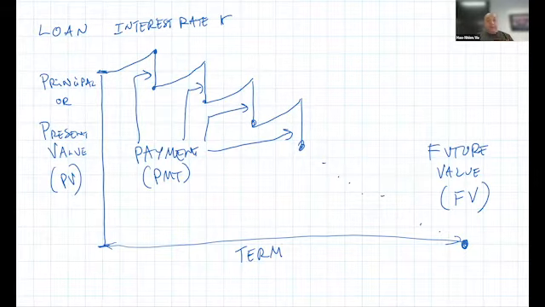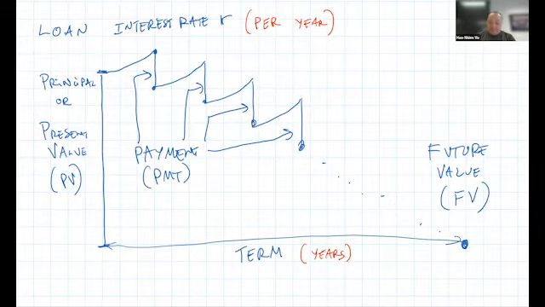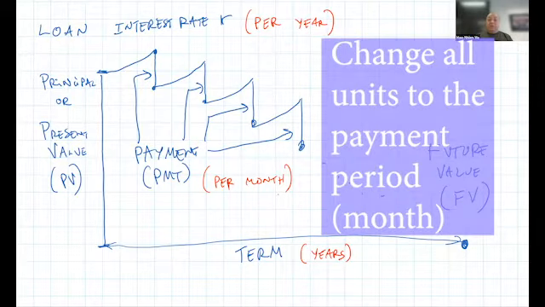Now, for a typical loan, the interest rate is given as a number that is per year. The term is typically in years, but the payments are typically in months. So one of the things that you need to do in a math problem is to change all of this to months, to the same unit as whatever the payments are made.